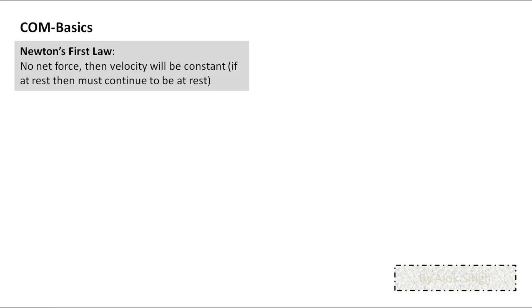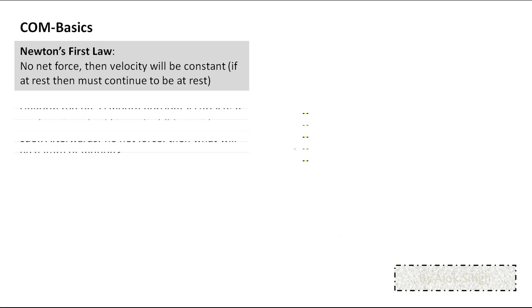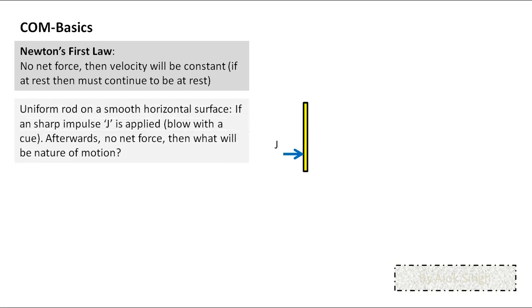In a similar way, we'll take another example. As per Newton's law, if no net force is acting on an object, then velocity will be constant. If it is at rest, it must continue to be at rest. So in this case again we take a uniform rod placed on a smooth horizontal surface, something like the surface we see in air hockey.